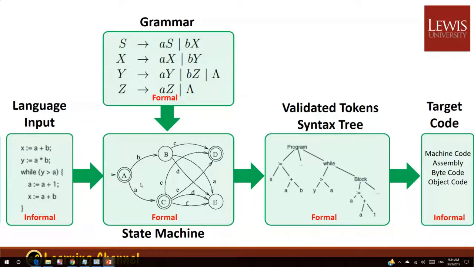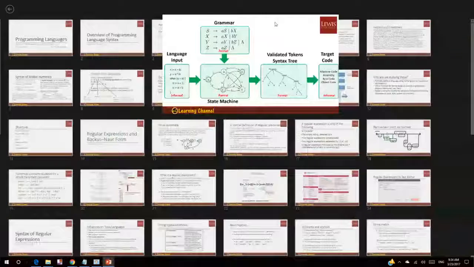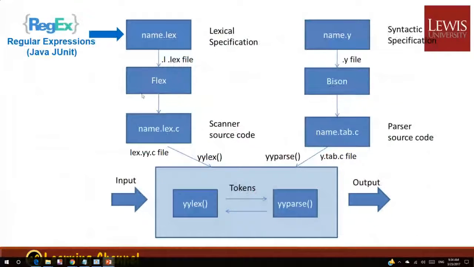The yylex and yyparse are actually for the state machine and the tree generation. And as you can see, yyparse and yylex are the state machine and the generation of the syntax tree. And the grammar part you specify in regular expression and the .y file.